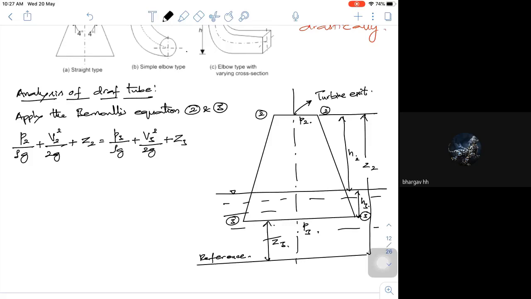This is an ideal condition. If there is a frictional loss, I can put HF. This is with respect to entry, and this is with respect to exit, and these are the frictional losses. Now, what is this P3?